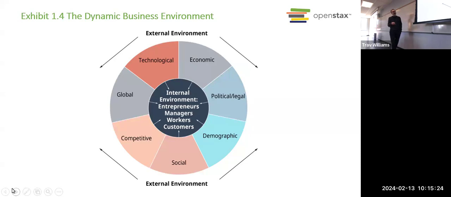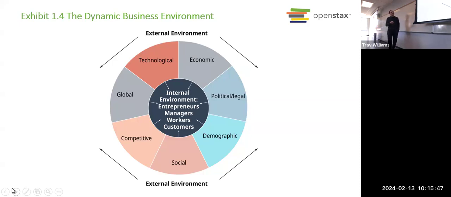This graphic puts customers as part of the internal aspect of the business. You can see it either way, internal or external. But the point is, these are things that the company really has some control over. There are other things outside the company that it really doesn't have much control over.